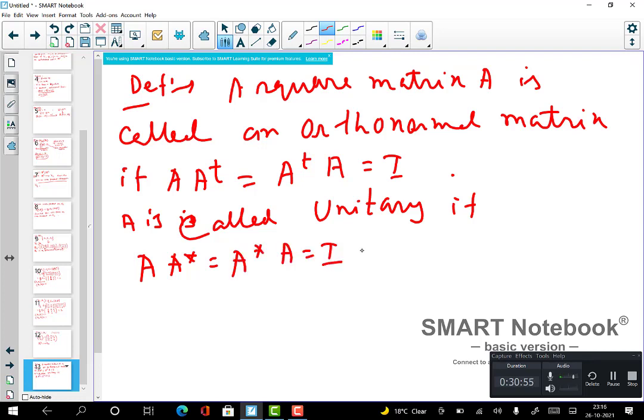Now for real square matrix, unitary and orthonormal are same, but for complex it is not same. For complex, orthogonal and unitary are not same actually. Okay, so this you have to remember.